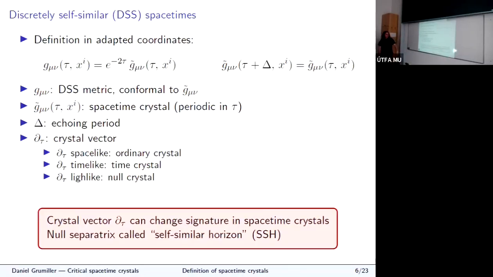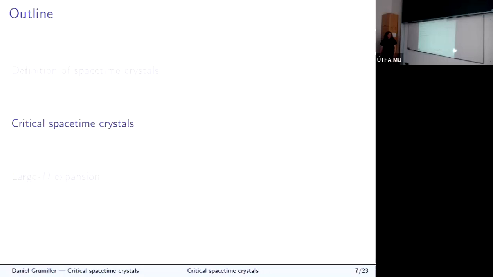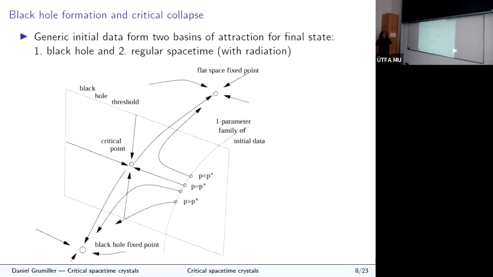In these critical solutions that I'm going to present to you, this crystal vector actually changes the signature, and the null separatrix between the regions where it's space-like and time-like is known as the self-similarity horizon.